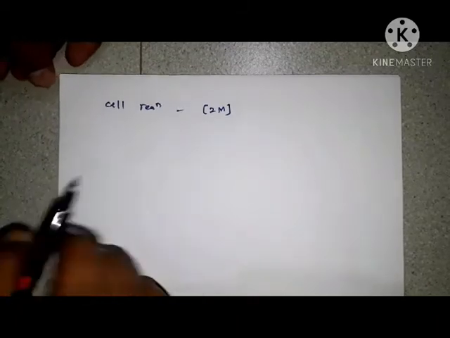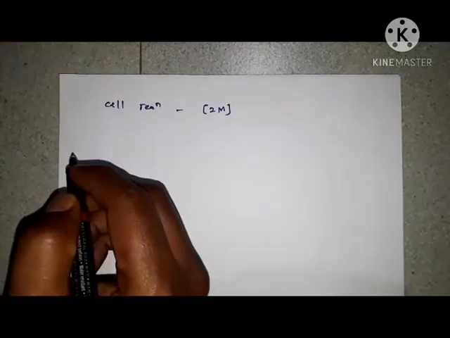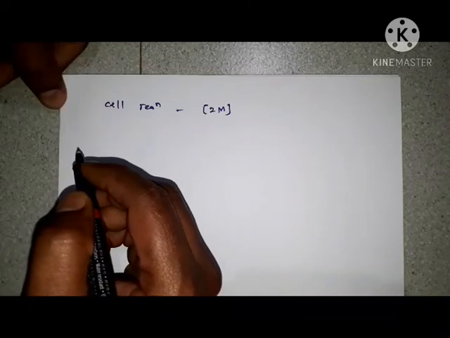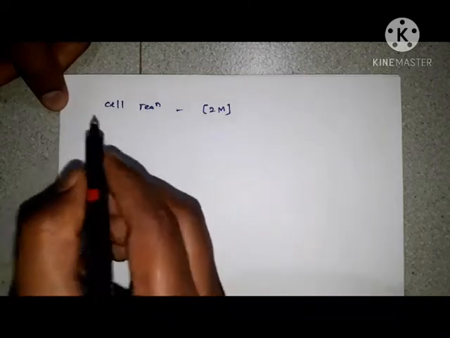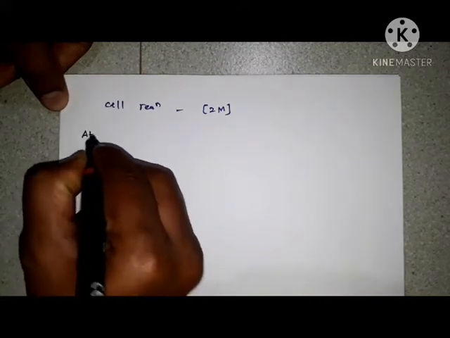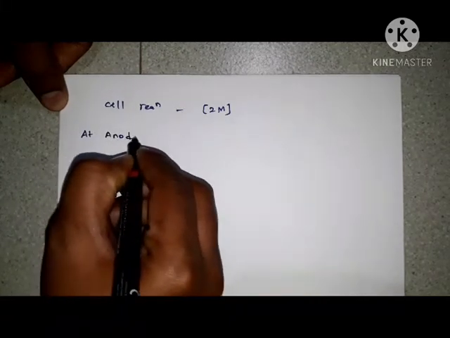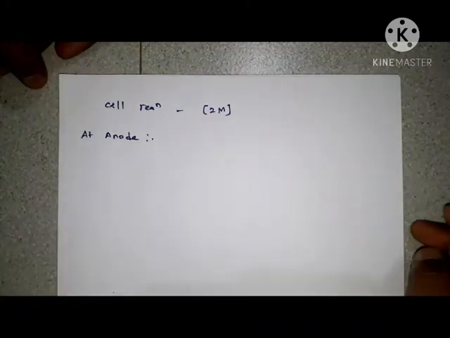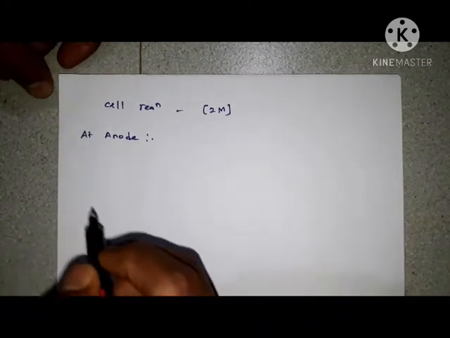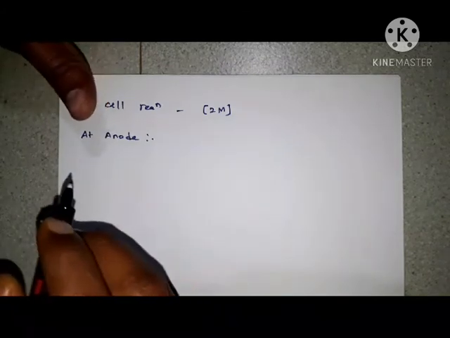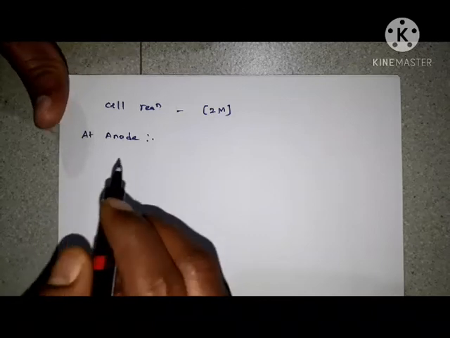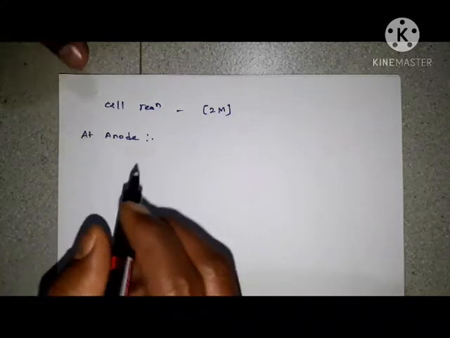Let us see how the cell reaction occurs in this solid oxide fuel cell. At the anode, first, there are two half reactions in the anode electrode.